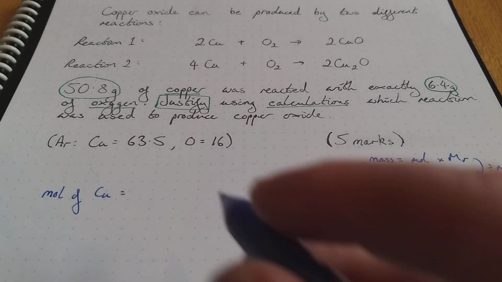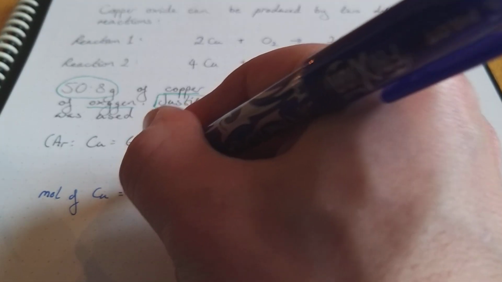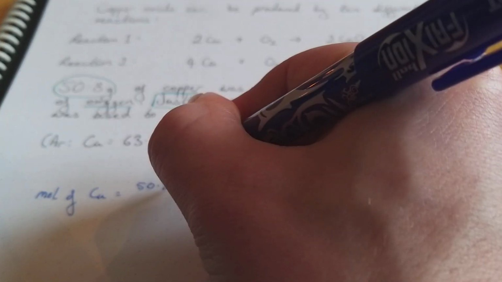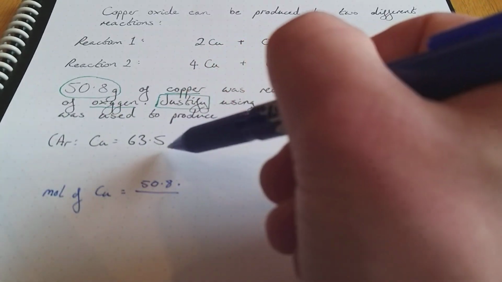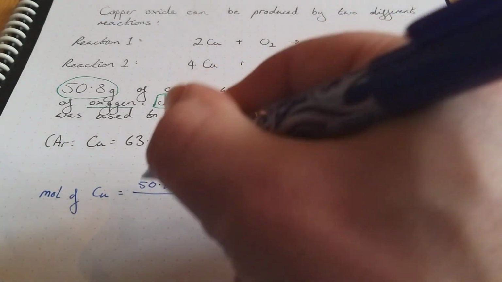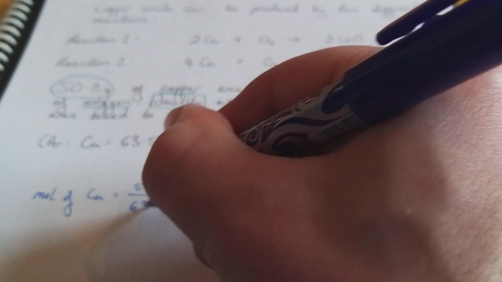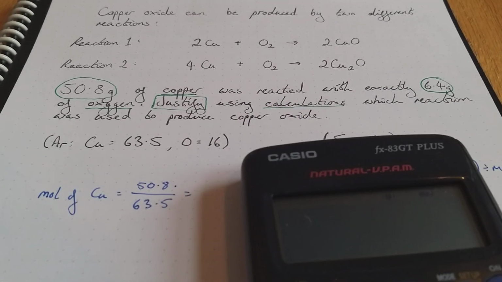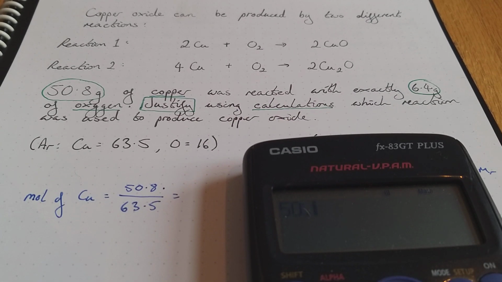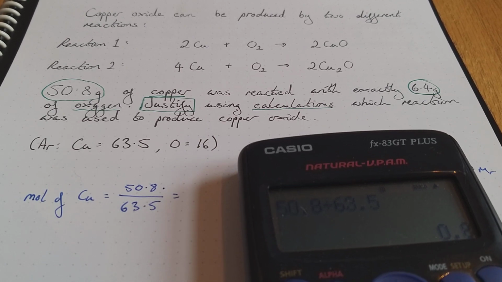So what's the mass of copper? Well, the mass of copper is given for us, 50.8 grams. Divided by the Mr, well, it's just copper by itself, so we just need to use the atomic mass of copper, which is given for us in the question, which is 63.5. We then plug that into our calculator, 50.8 divided by 63.5. That tells us we've got 0.8 moles of copper.